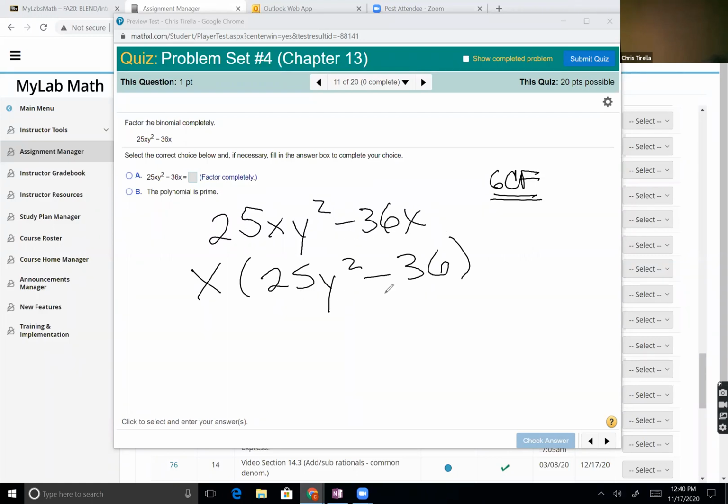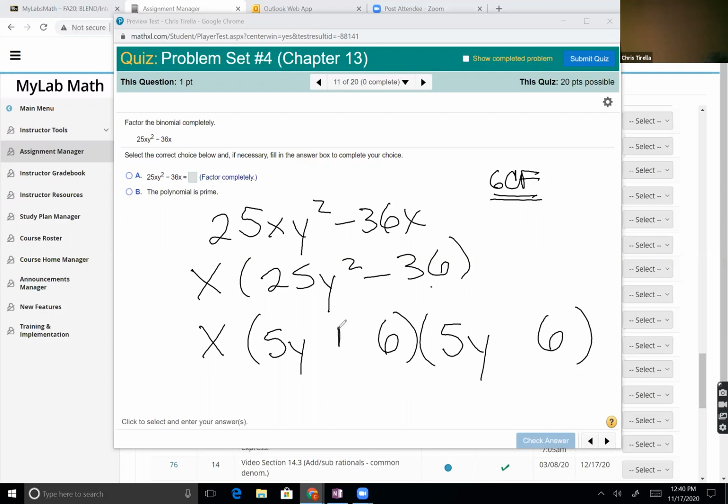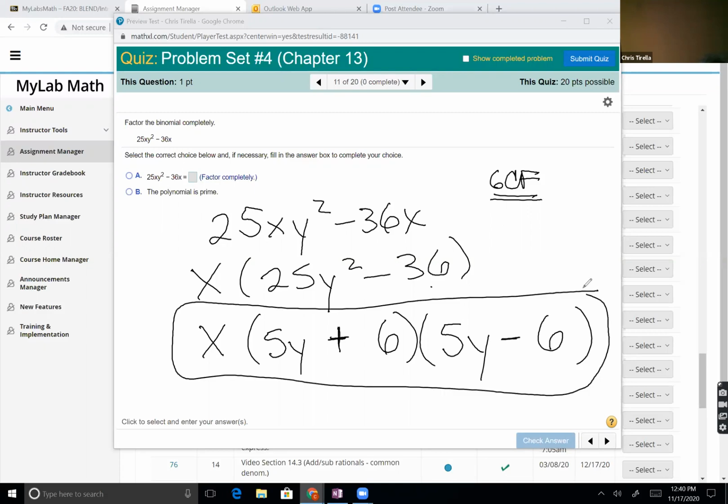But you remember if there's two of them with squares, if it's minus, to get 25y squared, it'll be 5y and 5y. To get 36, it'll be 6 and 6. But because it's a minus, remember one's a plus and one's a minus. And that's our difference of squares.